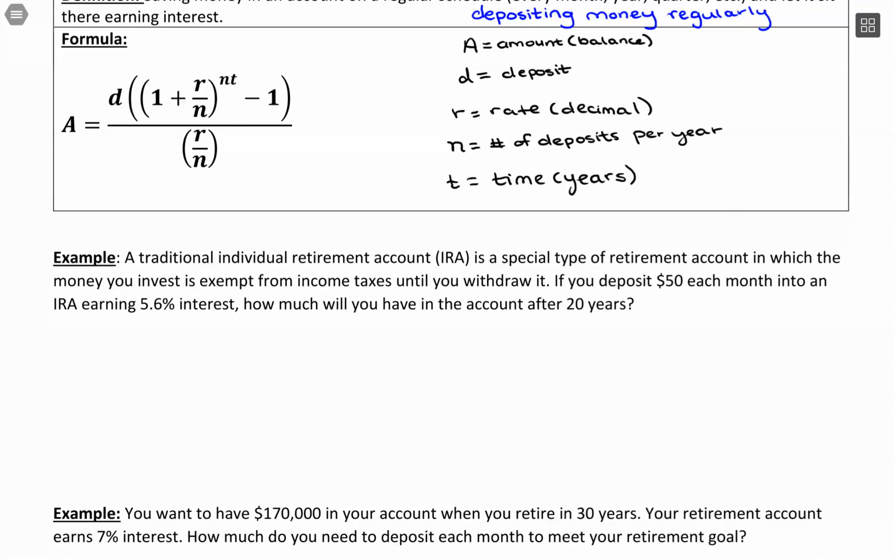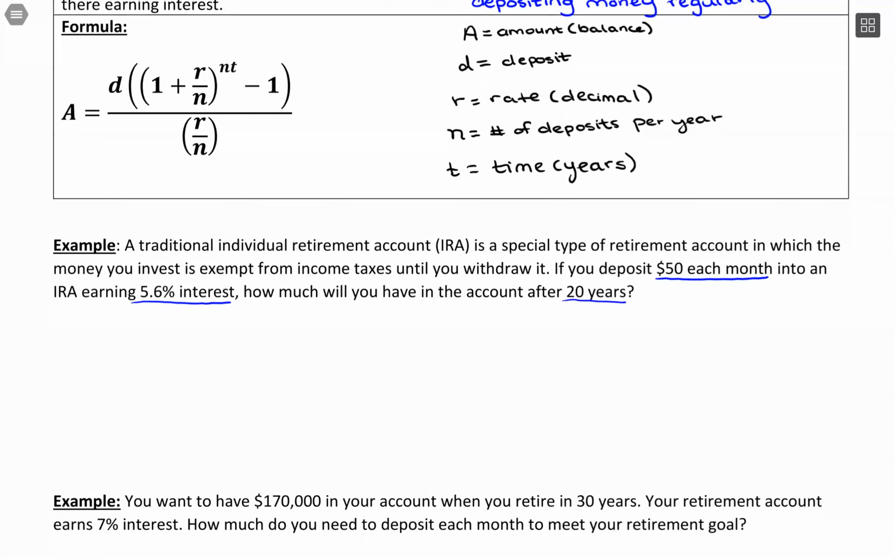We're going to have a traditional individual retirement account, which is exempt from taxes until we withdraw it. We'll decide how much we're going to deposit, and in this case we're going to do deposits each month into this IRA with a 5.6% interest. We want to know how much we will have after 20 years.